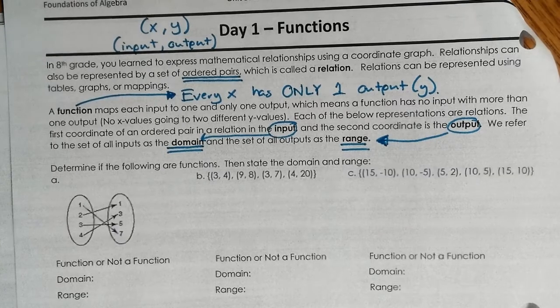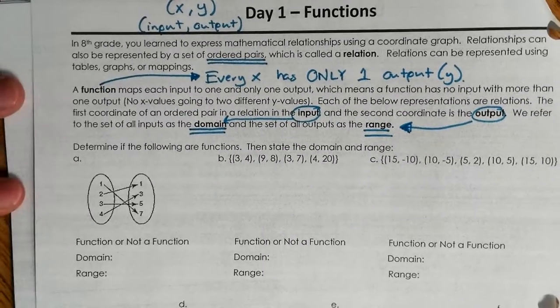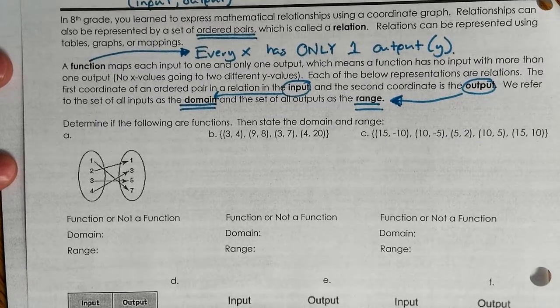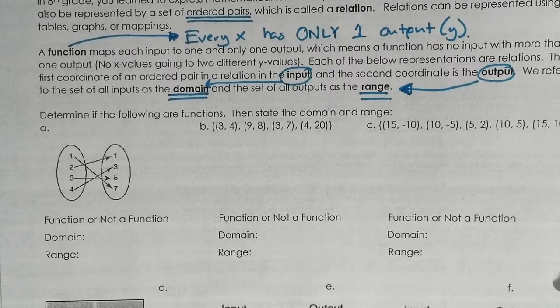Yeah, the X's. Input deals with X's. Output deals with Y's. Output is Y's. That's your range. Make sense, Markel? Okay. Good. So let's look at a few examples to help us understand what this means. Is anybody still writing that, or are we good?